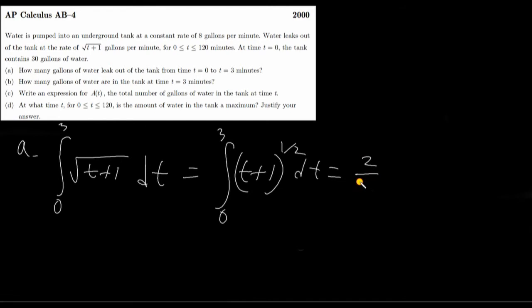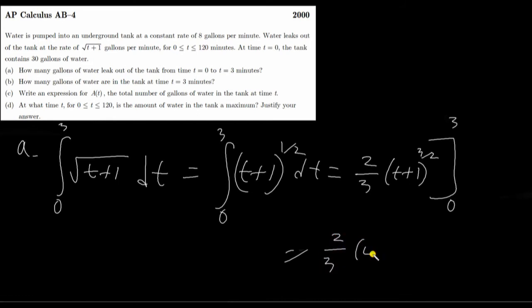This will get you 2/3 times (t plus 1) to the 3/2 from 0 to 3, because we raised the power by 1 and multiplied by the reciprocal. The bounds are still 0 and 3, and if I plug in 3 and plug in 0, I'll get 2/3 times 4 to the 3/2 minus 2/3 times 1 to the 3/2.